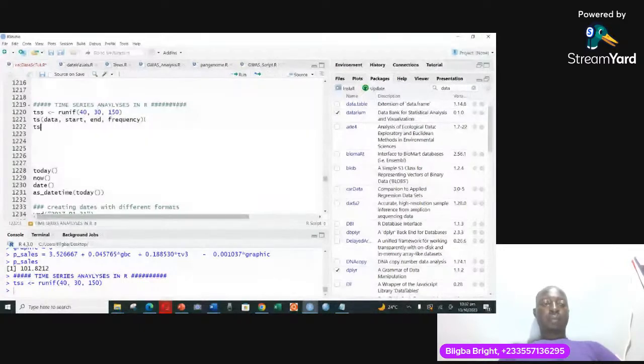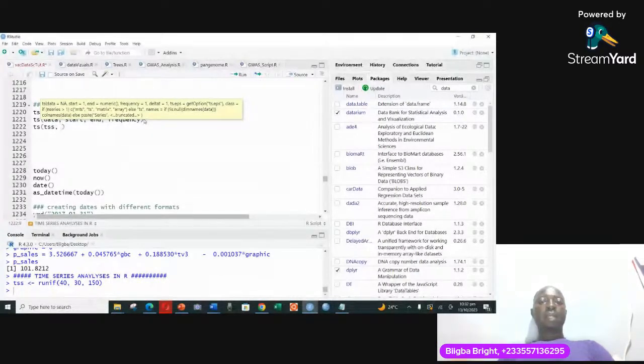So I will put this function there, and the first argument is the vector, which I called TSS here. Then I have to indicate the start point and the last point. If you don't indicate them, R would automatically suggest it for you.